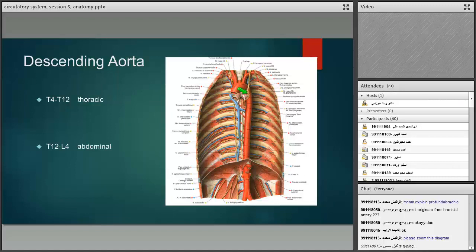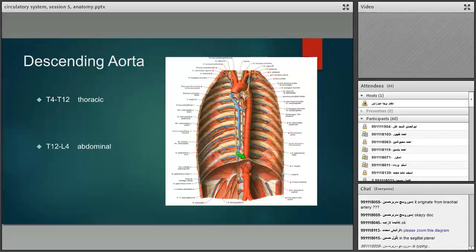Okay? The descending aorta will start from T4 and continue until, no, it is not in the sagittal plane, I will explain, till L4 or the fourth lumbar vertebra.